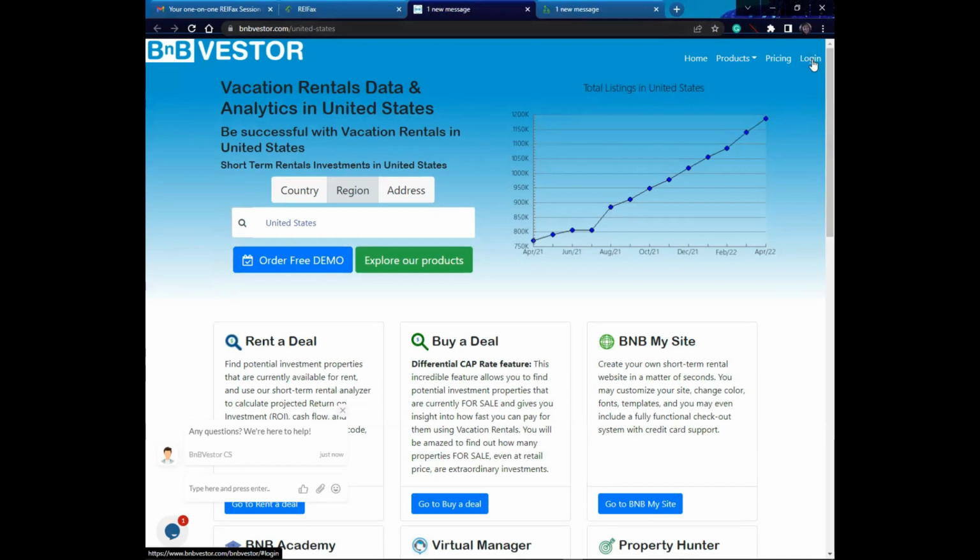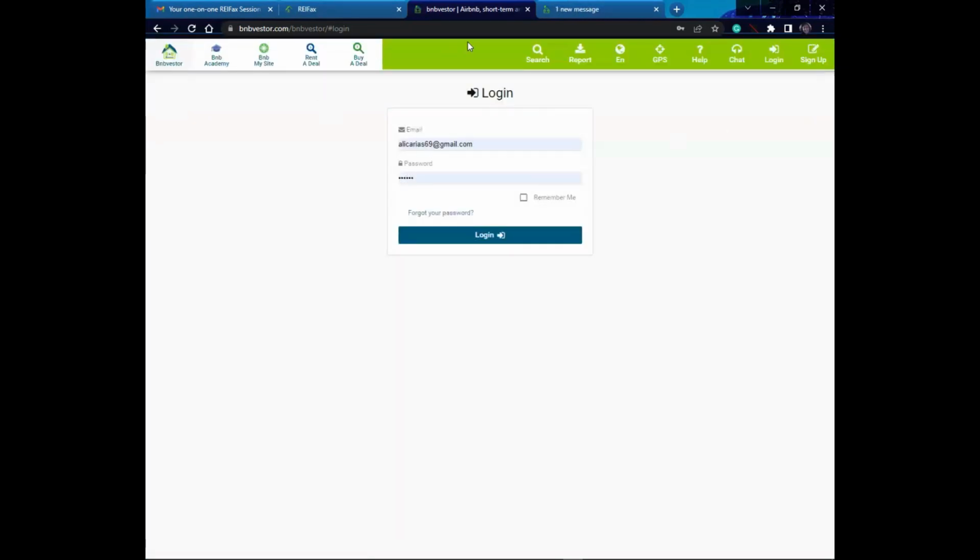You have to log in. So I click here and log in, and use, as I said, the same credentials that you use to log into ReFX, your email and the password. This is what I need to type in here. I am already logged in here, so I'm not going to do this.